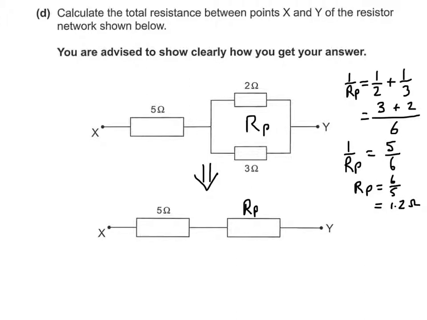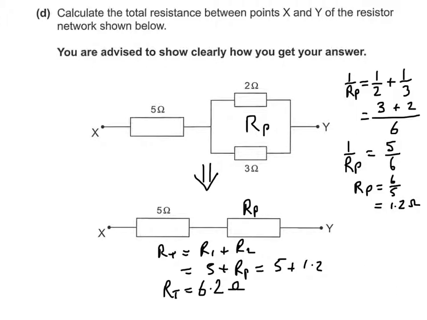So 6 over 5 is like 1 1/5, which is 1.2 ohms. So our total will be R1 plus R2, which in this case is 5 plus Rp, which is 5 plus 1.2, and that gives us a total resistance of 6.2 ohms.